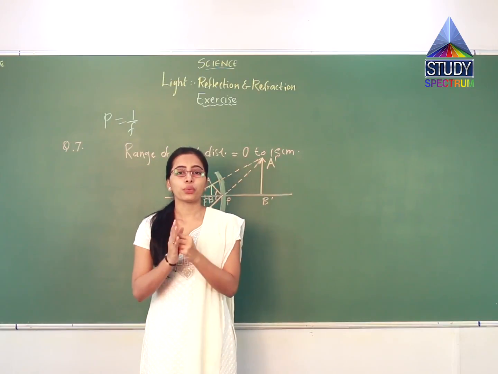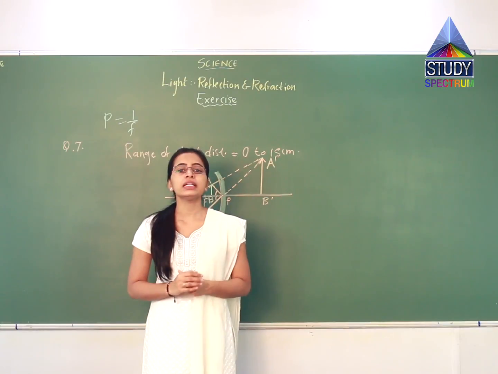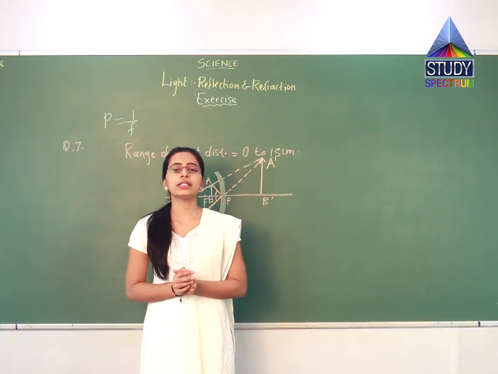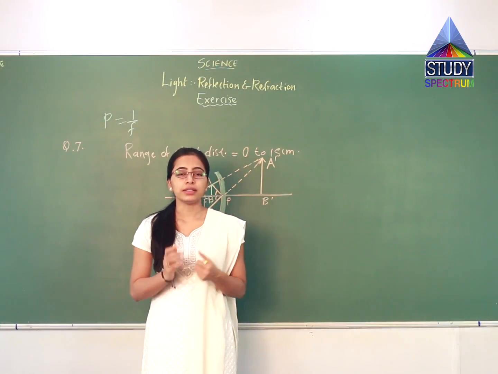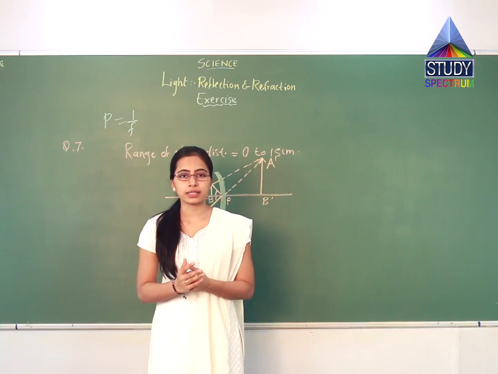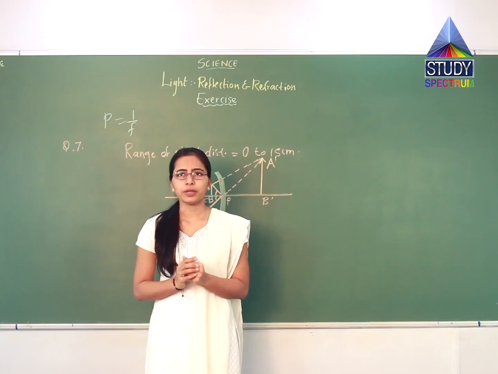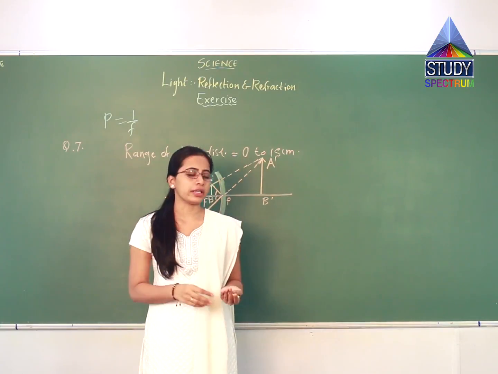Next question we have, question number 8. Name the type of mirrors used in the following situations. First situation is given, headlights of a car. Now if you remember, we had done the uses of convex lenses, uses of concave lenses. So if you remember, concave lenses act as divergent lenses.